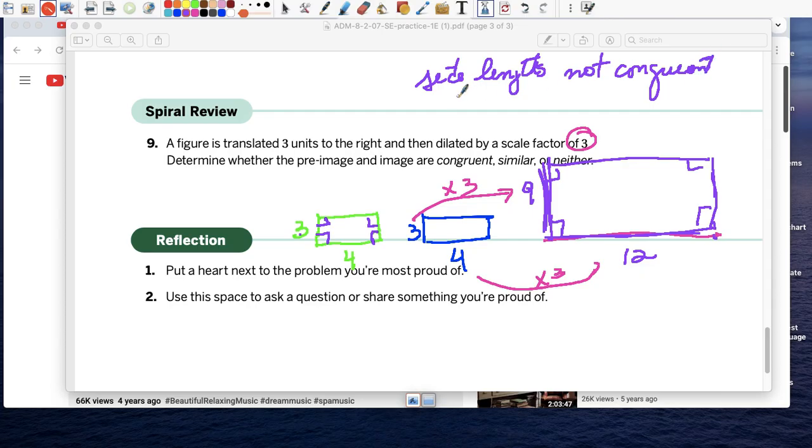Are the angles congruent? Well, all 4 angles are congruent. And then what about, is it similar? Well, yes, it is similar.